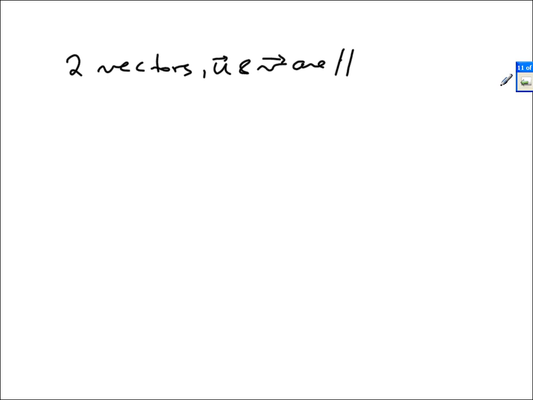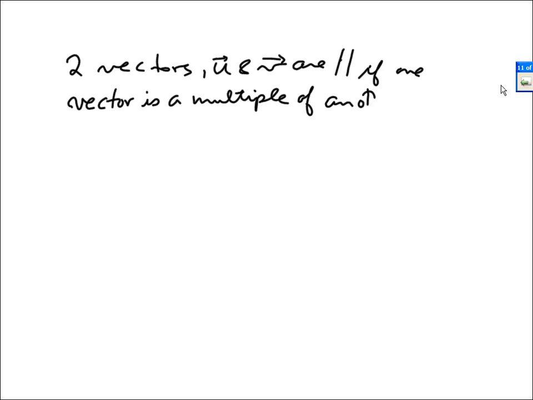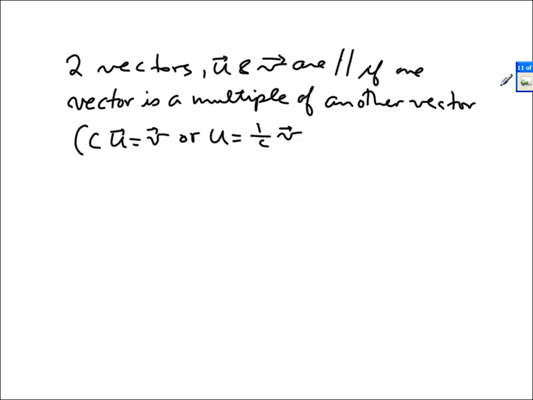That's the symbol for parallel. If one vector is a multiple of another vector, like C times u is equal to v, or u is a multiple of v.